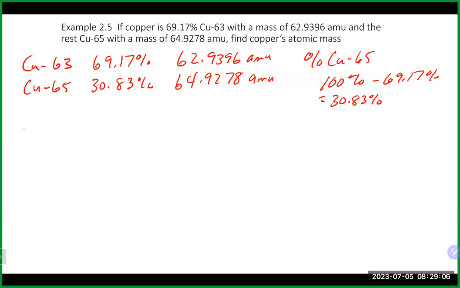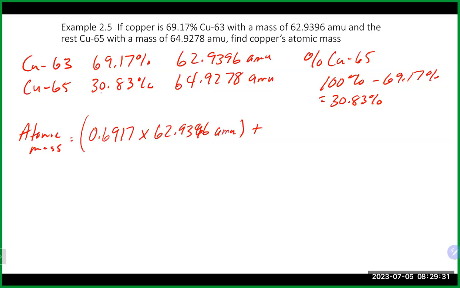So the atomic mass here would be our first isotope. And once again, we're going to convert it into a decimal, so I'm going to just move the decimal place 2 places to the left: 0.6917 times the atomic mass of our first isotope. Again, I'm going to add here. I'm going to convert this into a decimal, and again, if you wanted to, you could just divide it by 100 as well, and then times our 64.9278 AMU.